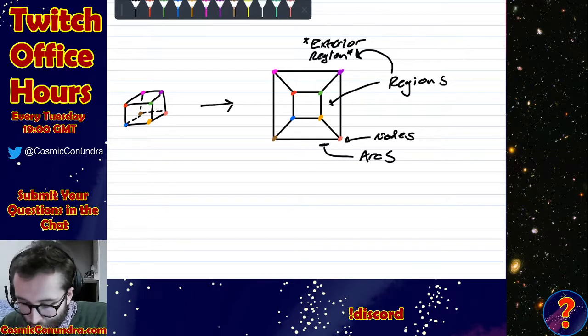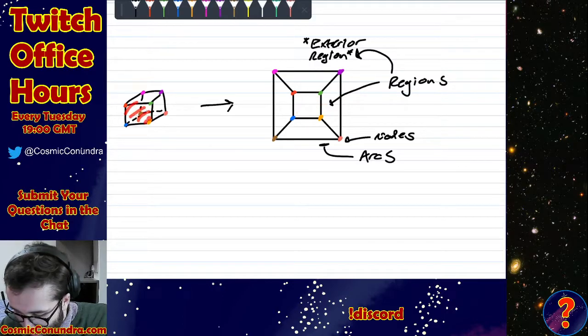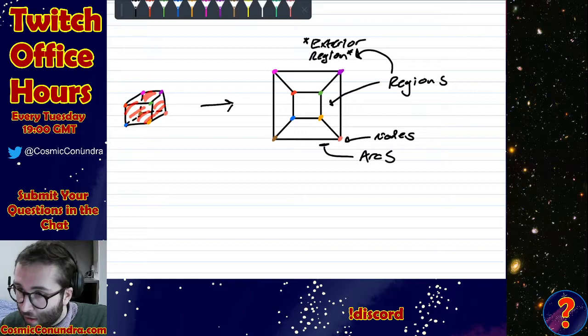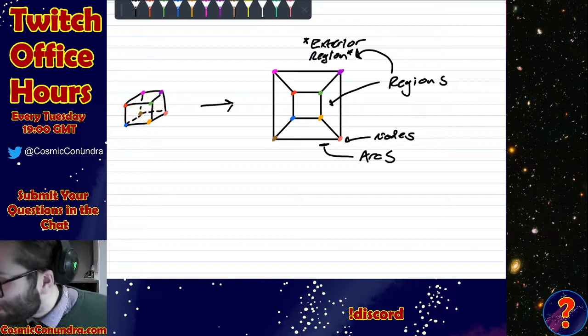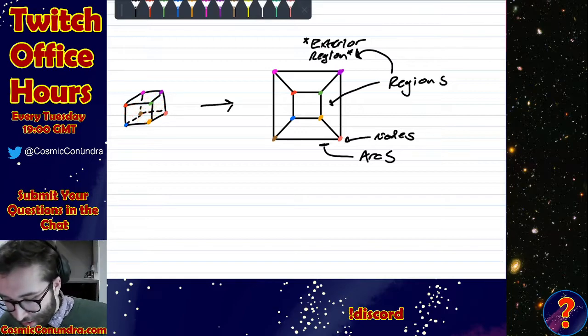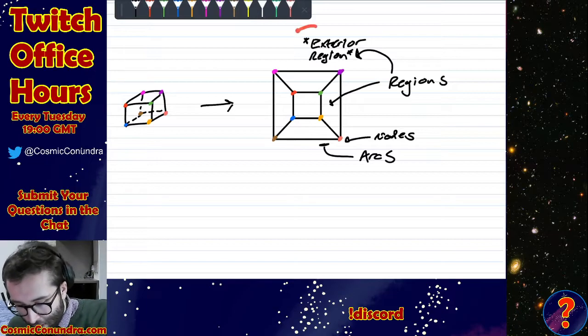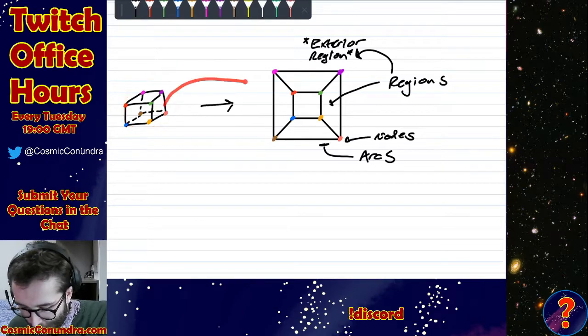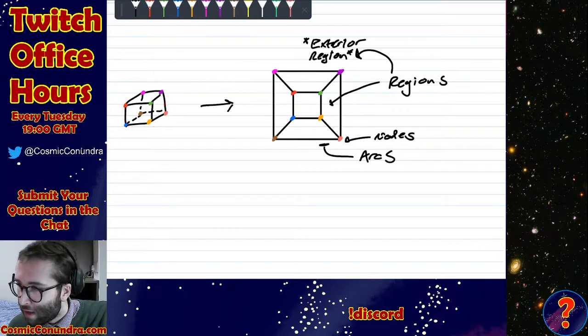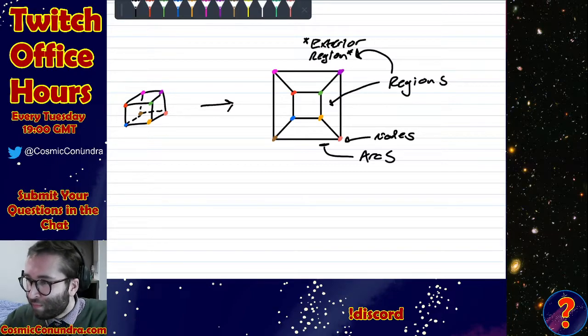So you can see that the regions on the graph actually correspond to the faces on the cube, the faces on the shape. And you can imagine that because we have this exterior region, what we've done to turn this cube into this kind of 2D planar graph is we've turned it inside out.